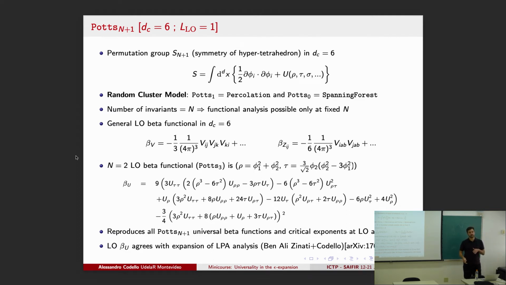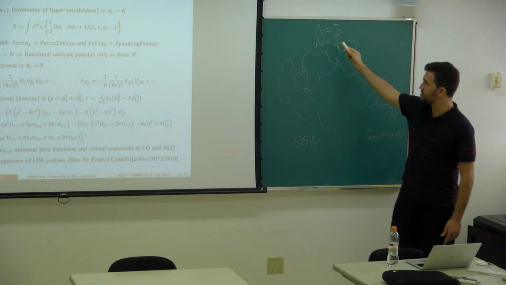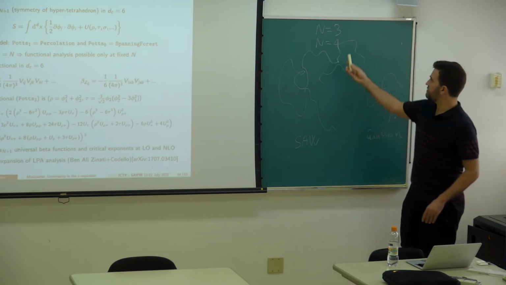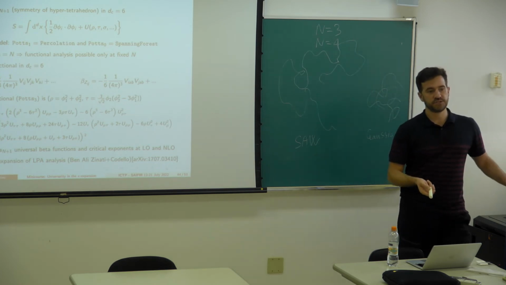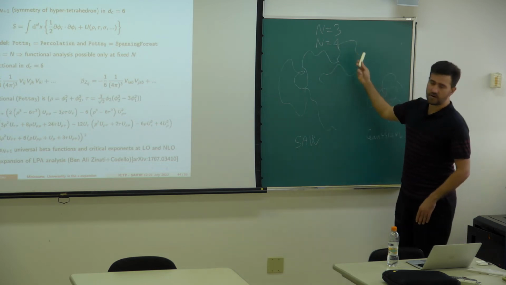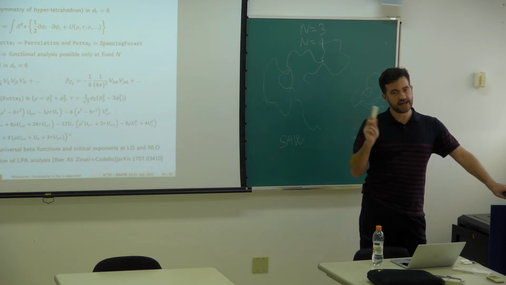So you also have the polygons, the dihedral groups, which is another family. And then you know that when n is equal to 3 and n is equal to 4, only for these particular values of the number of components, you have additional structures. When n is equal to 3, you have the subgroup of the dodecahedron or the icosahedron. And when n equals 4, you have two others, the 120-cell and the 600-cell. So in these particular n, you can construct some non-trivial subgroups.